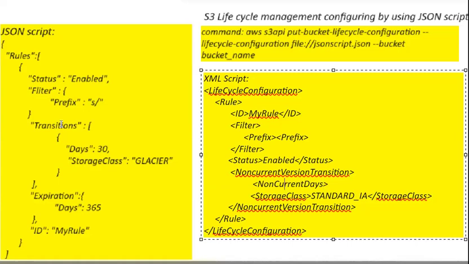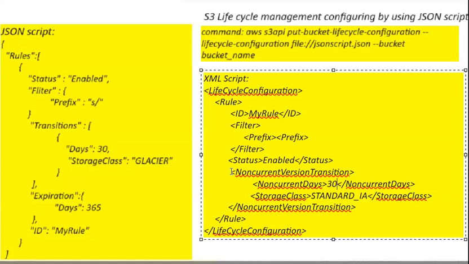The C will be small. The opening tag, and it must contain the closing tag as well. In between these, you need to provide the total number of days. So I want to transition after 30 days, right? I have written it.